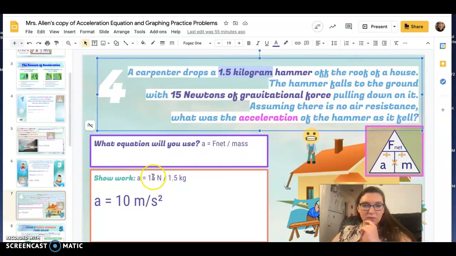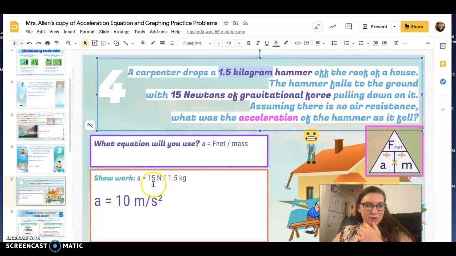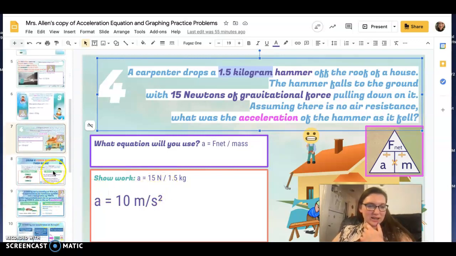So we're going to do net force divided by mass, and that's going to be 10 meters per second squared. And you can kind of see this happening because we have 1.5 and 15, so that's going to be a multiple of 10 to bump that decimal point over.